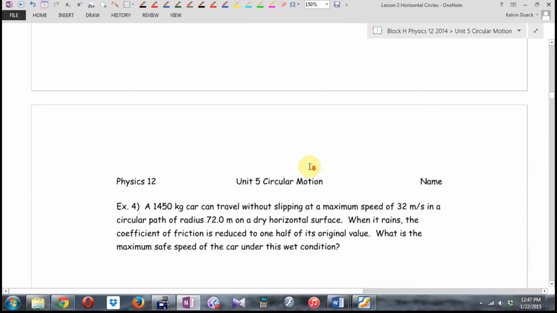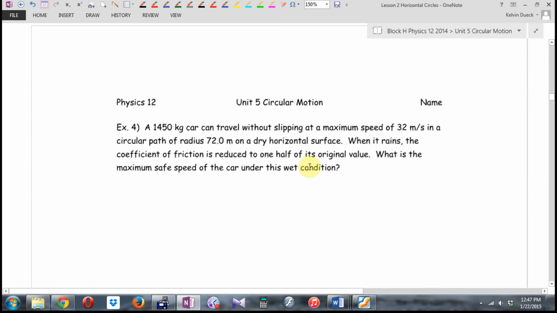Next page. I like example 4. Almost certainly.